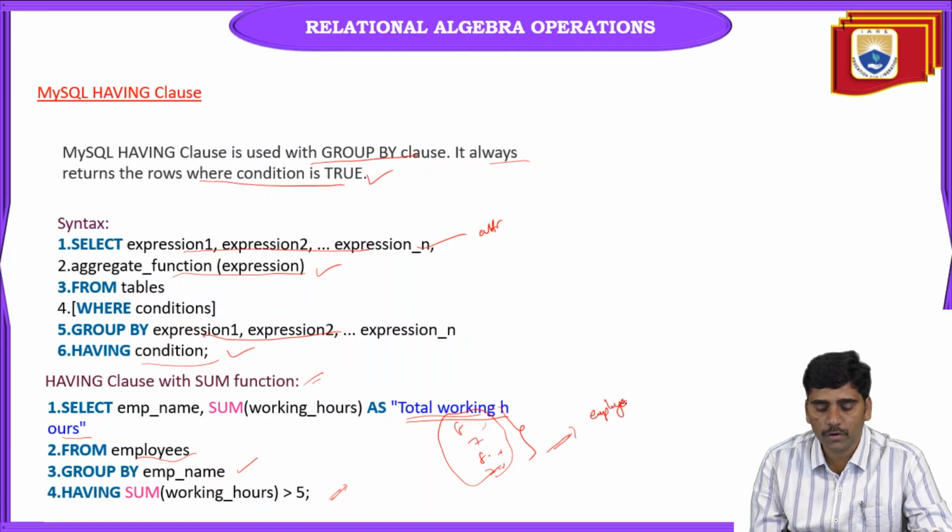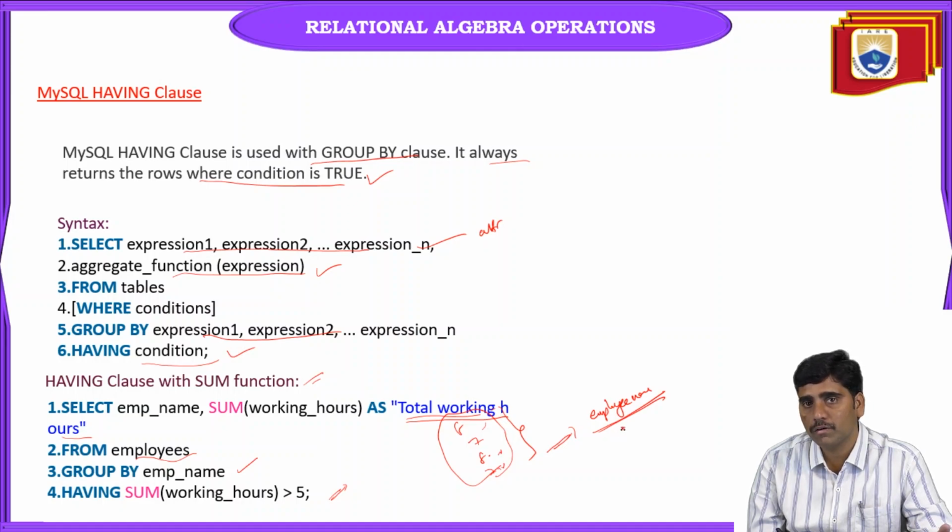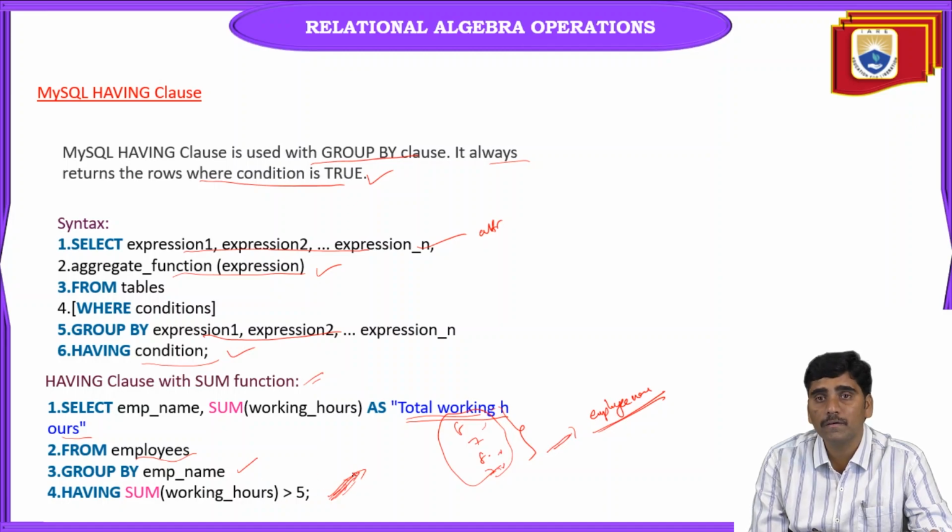Whoever has done more than 5 working hours will be displayed here. For such cases, we use this having condition.